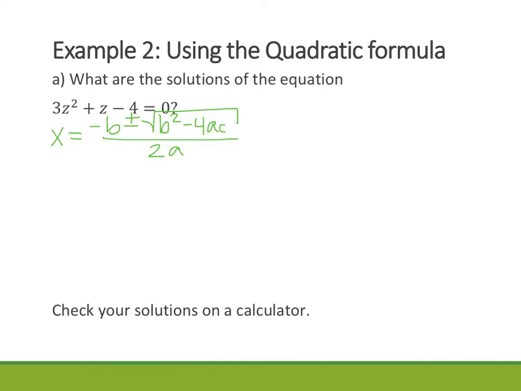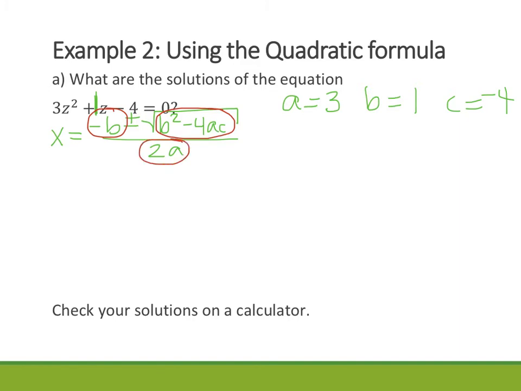Okay, now what I mean by that is let's go ahead and designate our values of a, b, and c. So a is equal to 3, b is equal to 1 because the coefficient in the middle term is a 1, and c is equal to negative 4. Now after I've designated it, I'm going to write down each of the 3 parts of the formula. So the first part is negative b, the second part here is the discriminant, b squared minus 4ac, and the third part is the 2a.